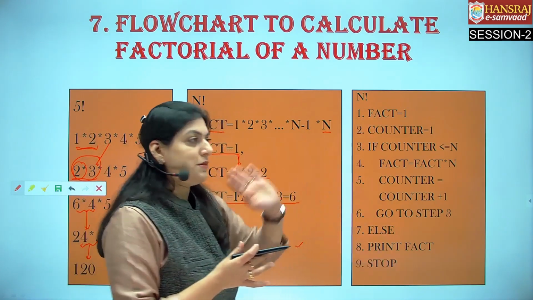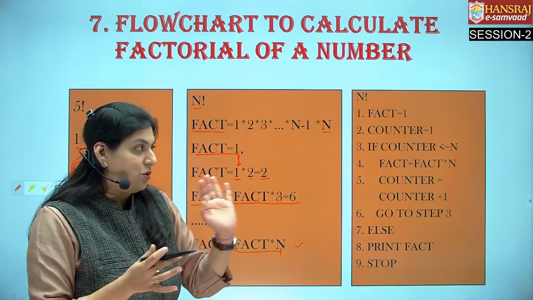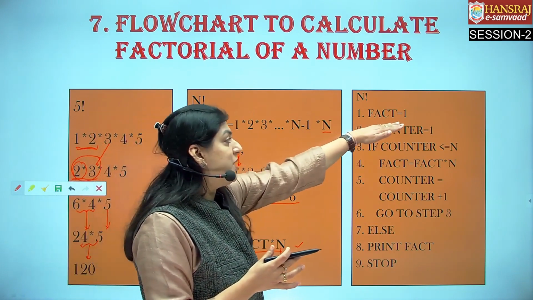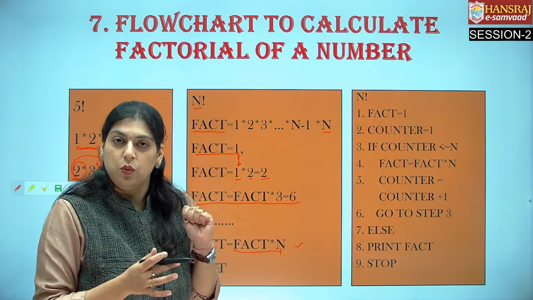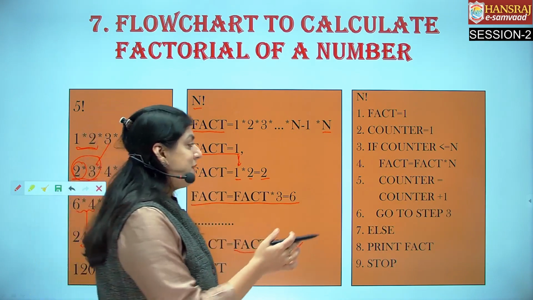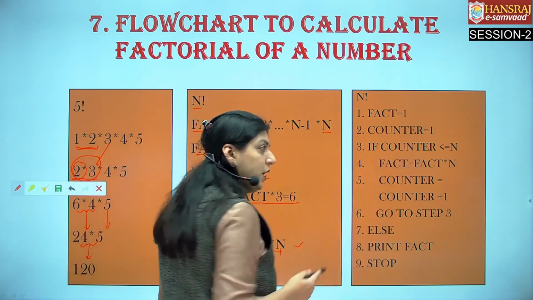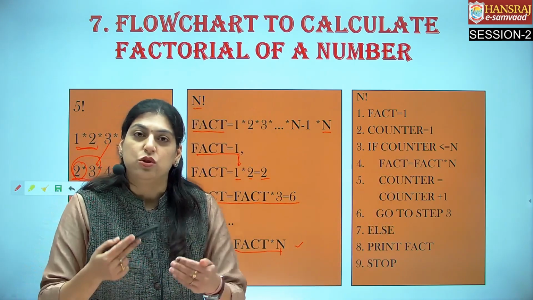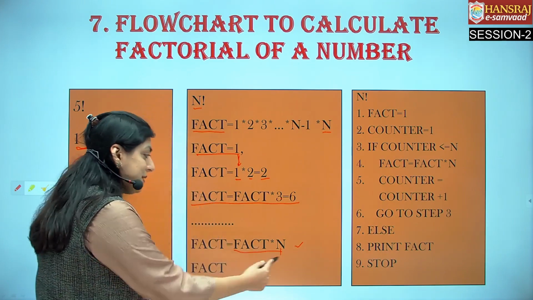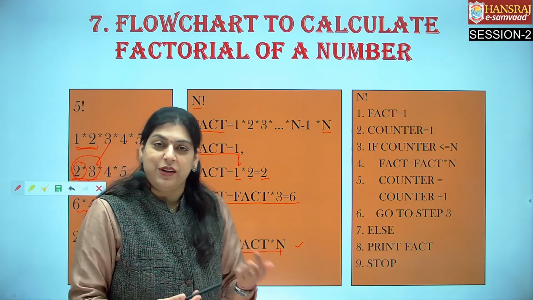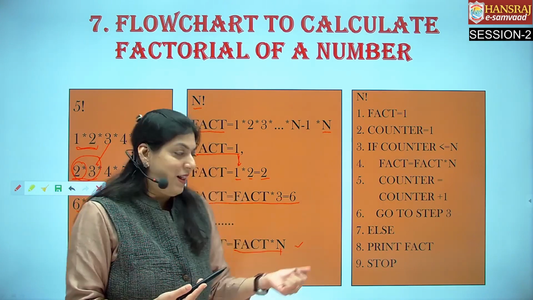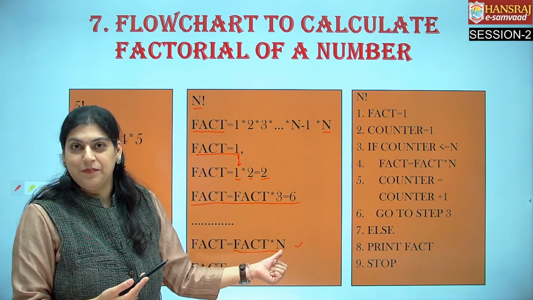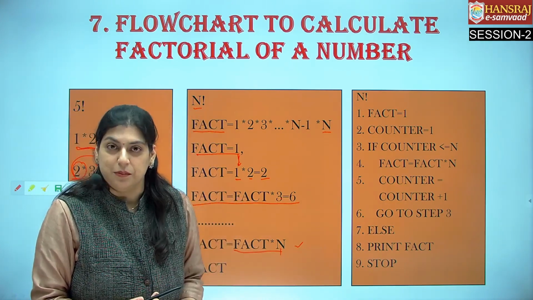Let's see, this is a more organized form now, how to write down the concept. Initialize it with fact is equal to 1, right? Next step, I have taken one counter. I told you what we need to do. We need to repeat this line n number of times, right? While changing this value of n at every iteration.